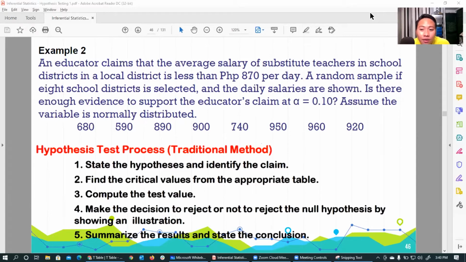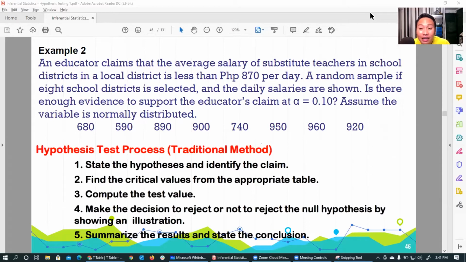So no, I think it's the other way around. The null hypothesis should be the statement of no difference. So the null should use the equal symbol. But you're almost there. So yes, Pia. Null should be mu equals 870. Very good.